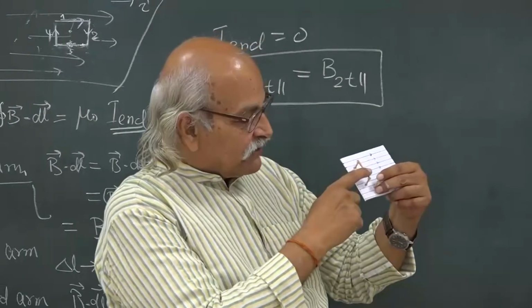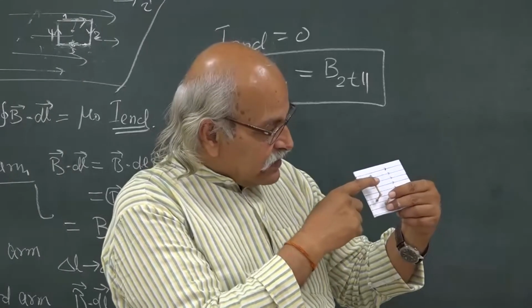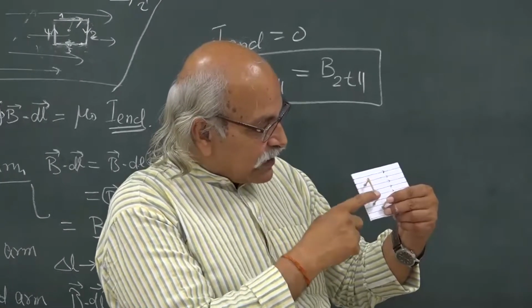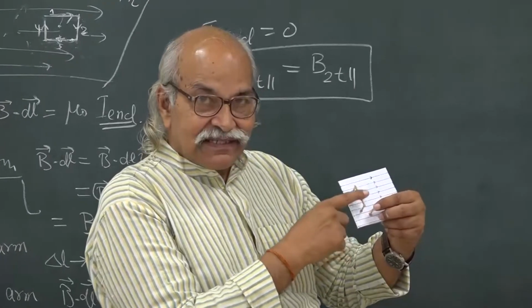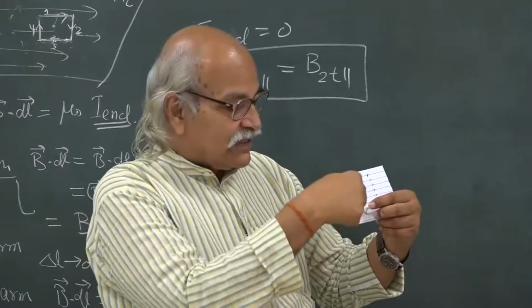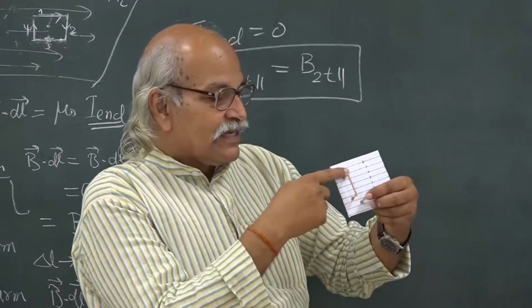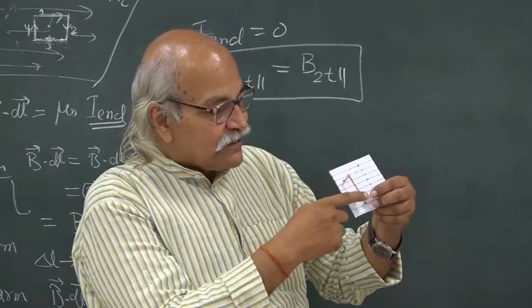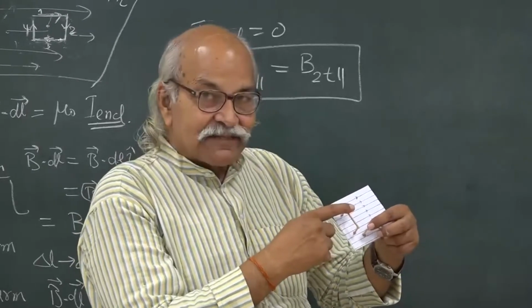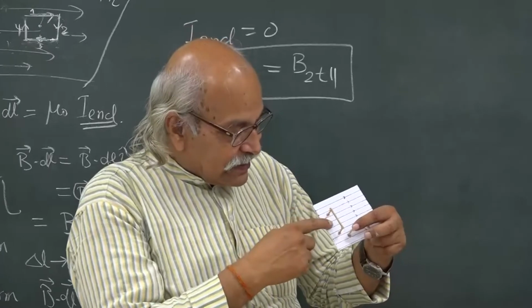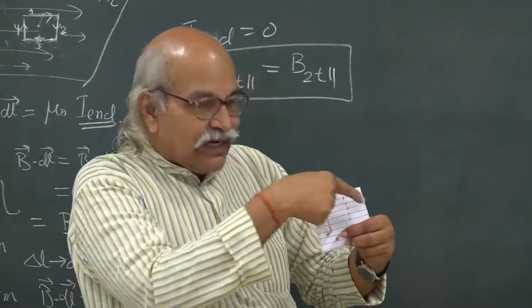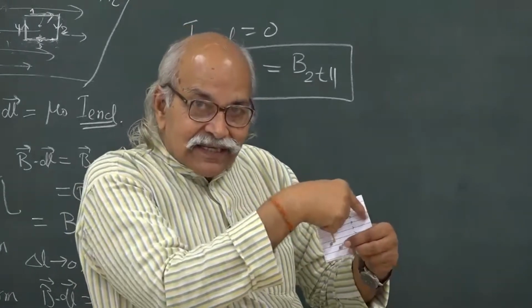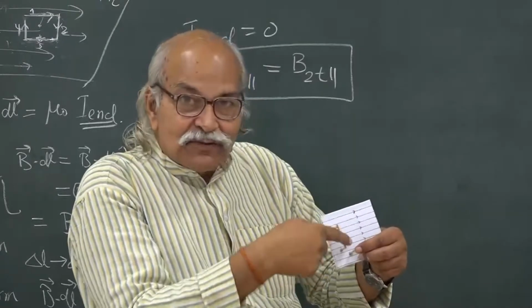So, above the surface, this line is parallel to the surface, and this line is perpendicular to the surface. This is parallel to the surface, but the current is along these lines, and this line is perpendicular to that.